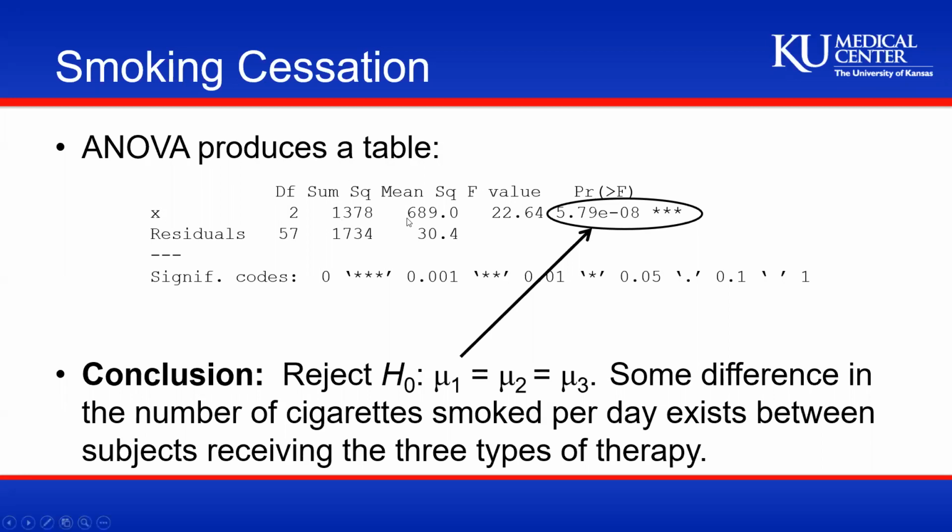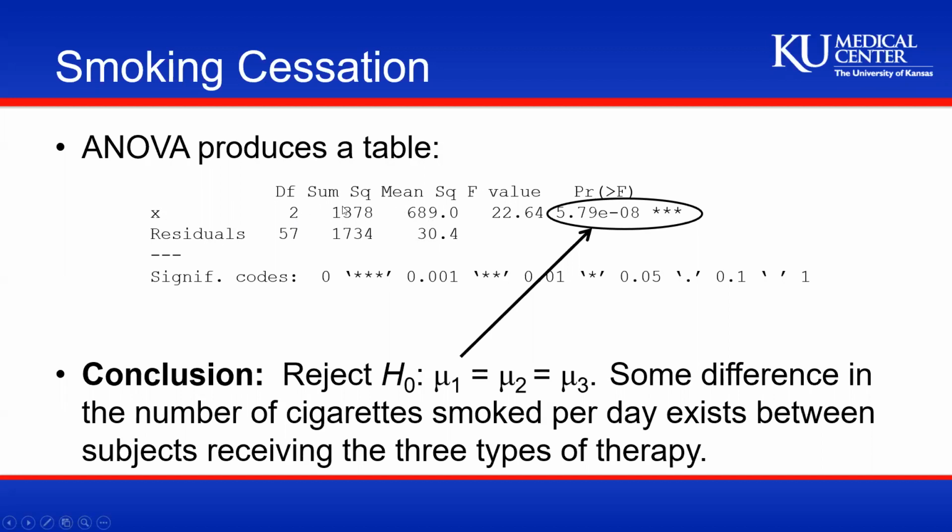So the mean square is the variance between groups. This mean square is the variance within groups, because remember, the within groups is the measure of the error variation. And where this variance comes from, they don't even really need to show you the sum of squares in this table, but they do it so you can see the components that make that up.